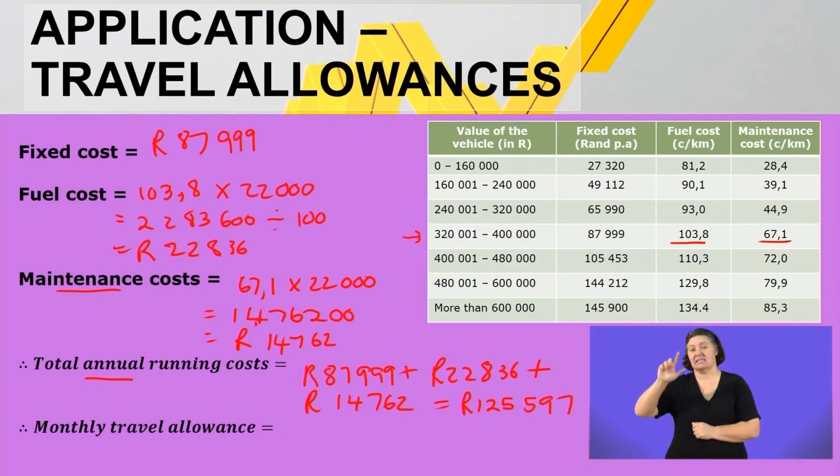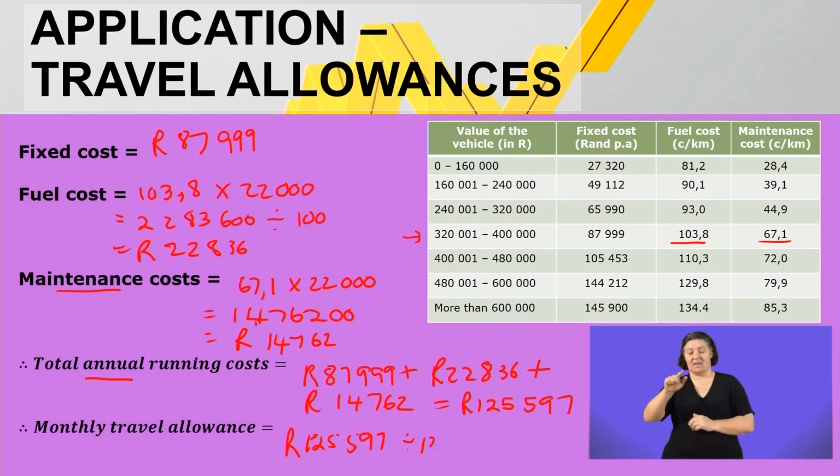We want the monthly value, so I take the 125,597 and divide that by 12. So the monthly travel allowance is 10,466 Rand and 42 cents, rounded to 2 decimal places.